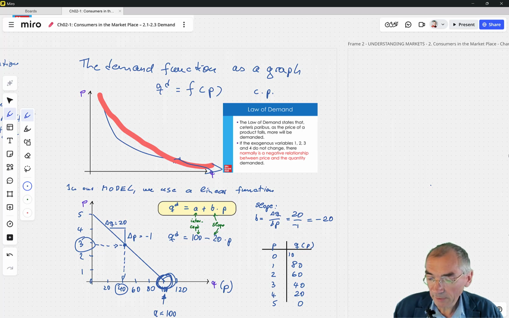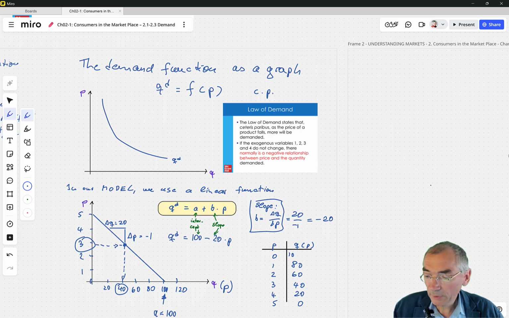If everybody has what she or he wants, then it might hit 0. But otherwise, the upper graph here in red is the more realistic one, or if we take the blue one, but it would be complicated in a mathematical way to describe the slope, for example. The slope b in case of a nonlinear function would be more complicated, and that's why in our model we typically stay to this.